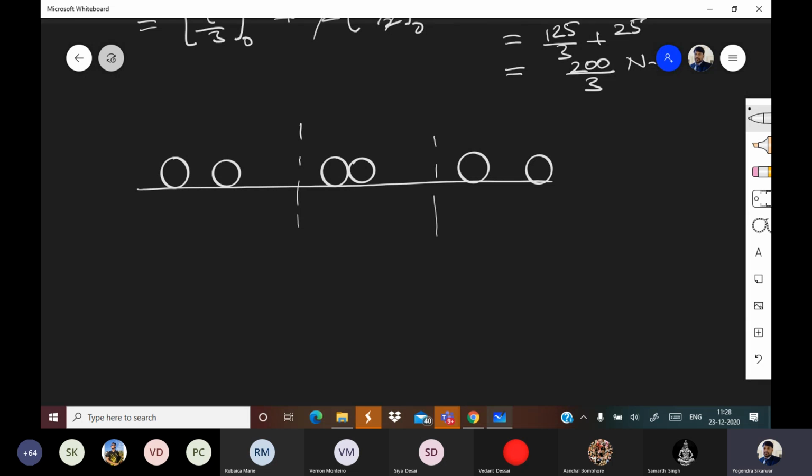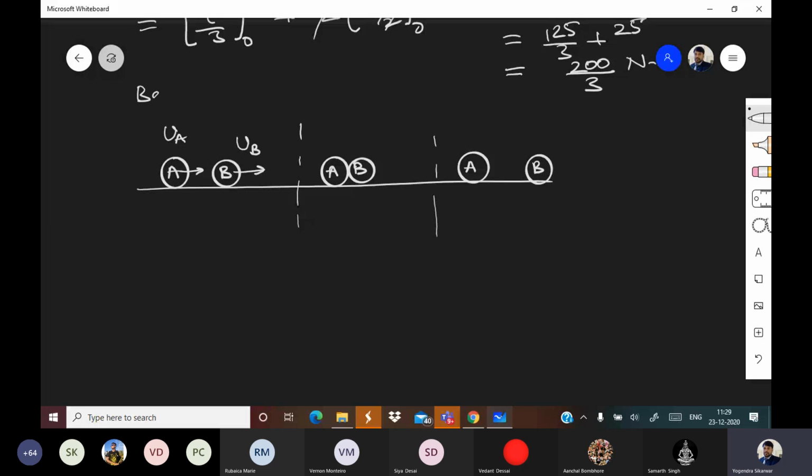Let me call them A and B. Initially they were moving with velocities UA and UB.